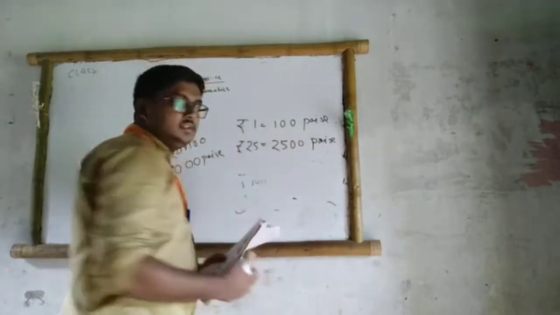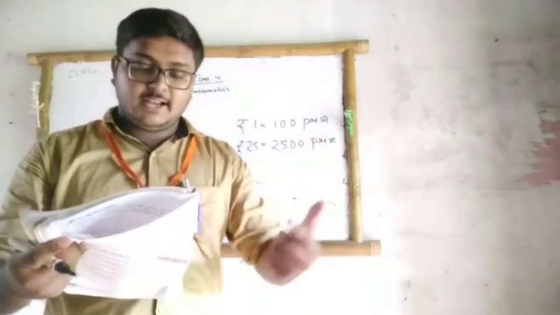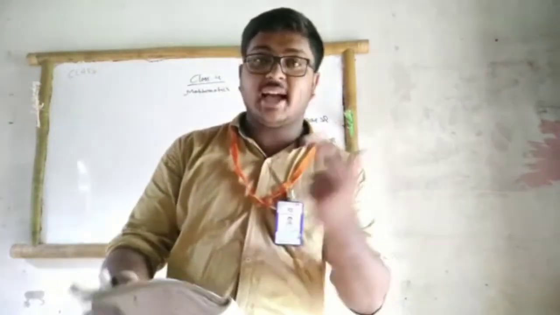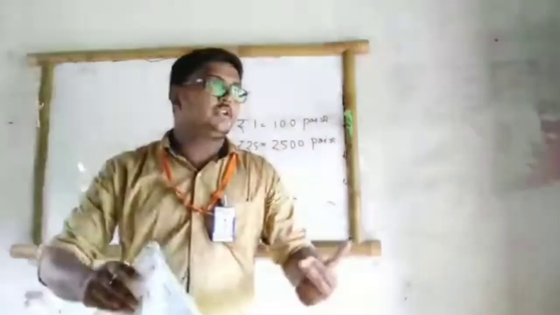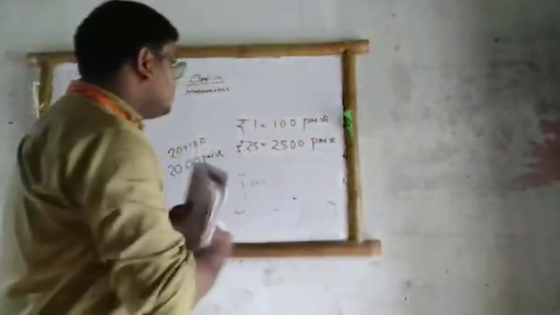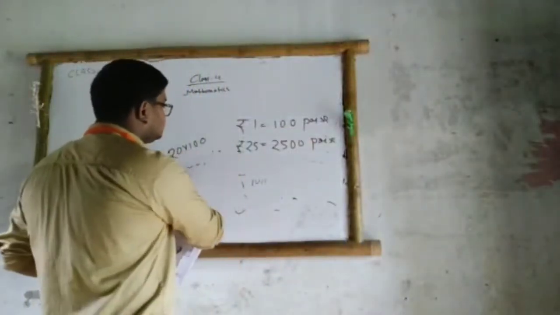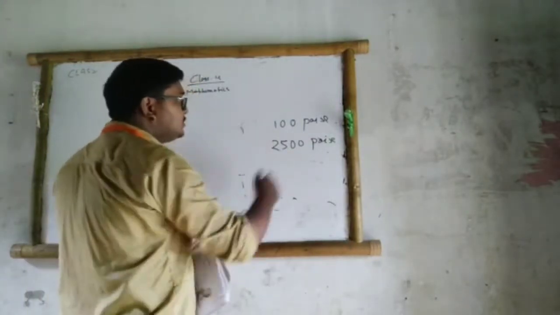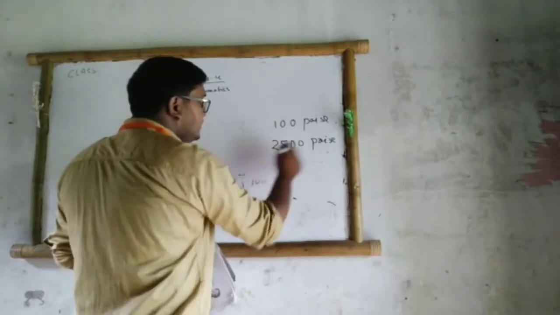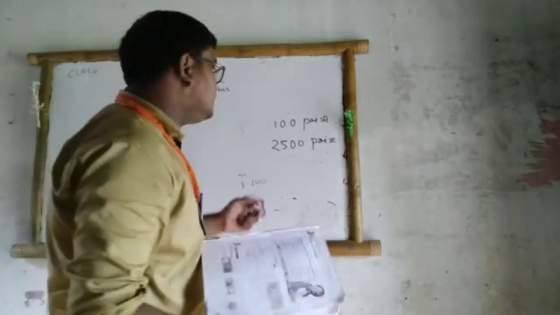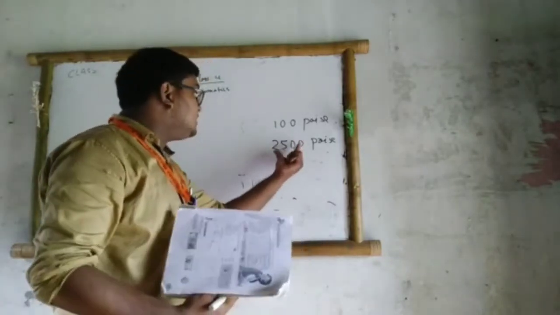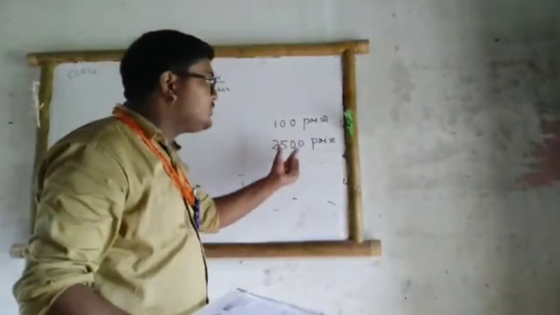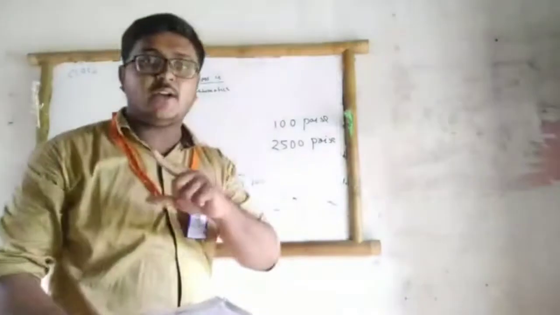Okay students. And then another case, if you like to convert paisa into rupees, so what can you do? You can divide this number by 100. In this case, you have to divide these numbers by 100.